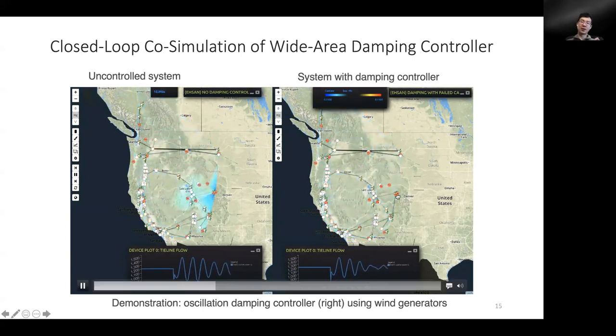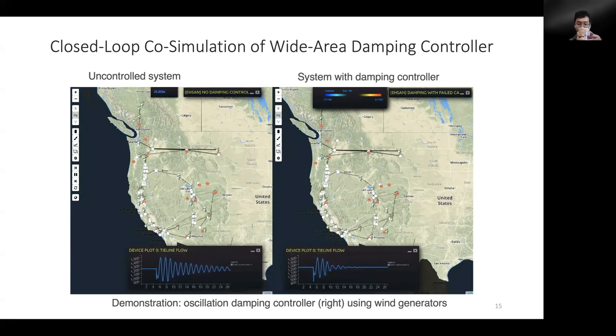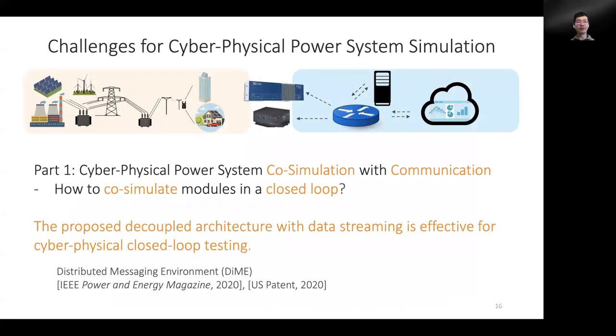And for the system on the right, with the oscillation damping controller in place, we can tell that the oscillation has been quickly damped out, while the oscillation is still going on in the original system without the controller. So this demonstration verifies the proposed decoupled architecture using data streaming to build a closed-loop environment for verifying the controllers.